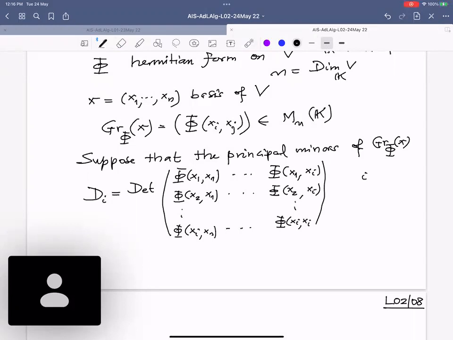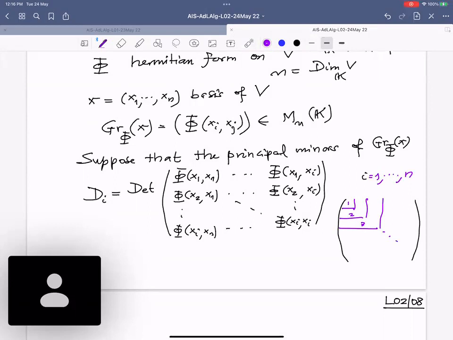This is the principal one. Determinant of that. So if your matrix is like this, these are the principal ones: 1 by 1, then 2 by 2, then 3 by 3, and so on. So i is running from 1 to n.